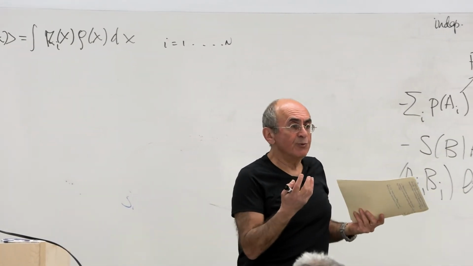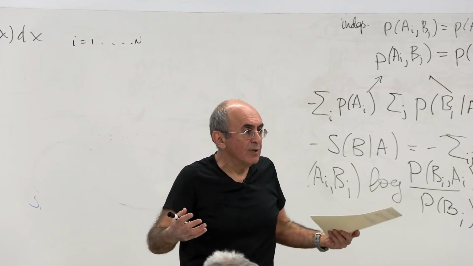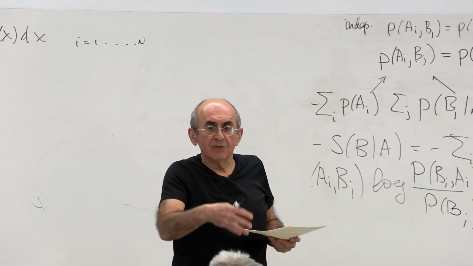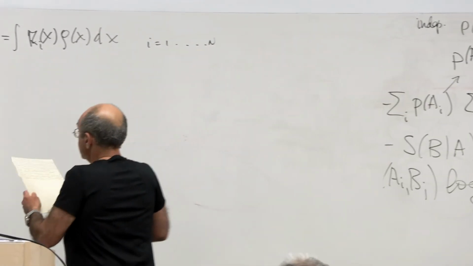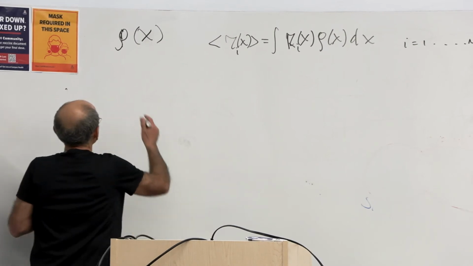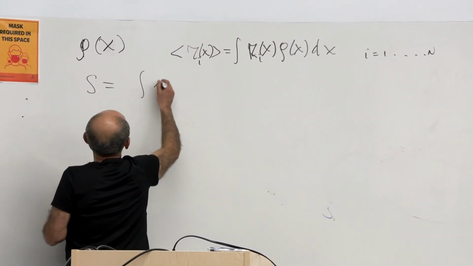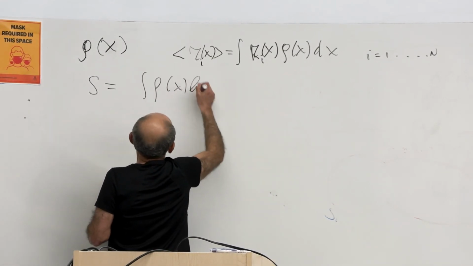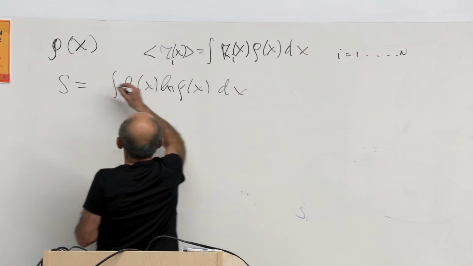You want your distribution to be open to all other measurements, maximally open. You don't want to put something into it which is not in your measurement, which technically means you follow Laplace. The Laplace method says that your entropy is an integral of rho of x log rho dx.